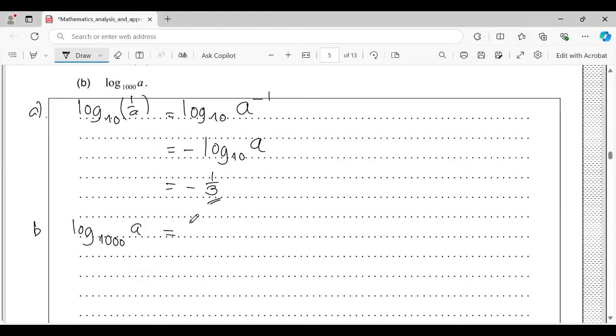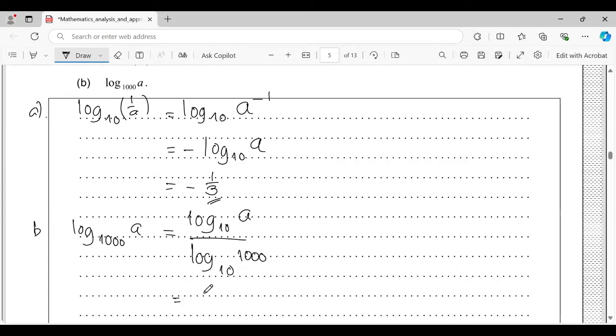1000 a. We can convert it, it becomes log 10a over log 1000.